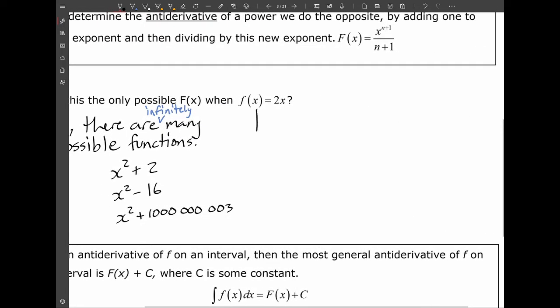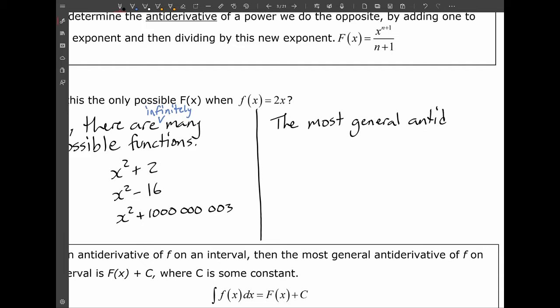That's why we can actually say the most general antiderivative of little f of x is big F of x, equal to, in this case, x squared plus c, where c is some constant.